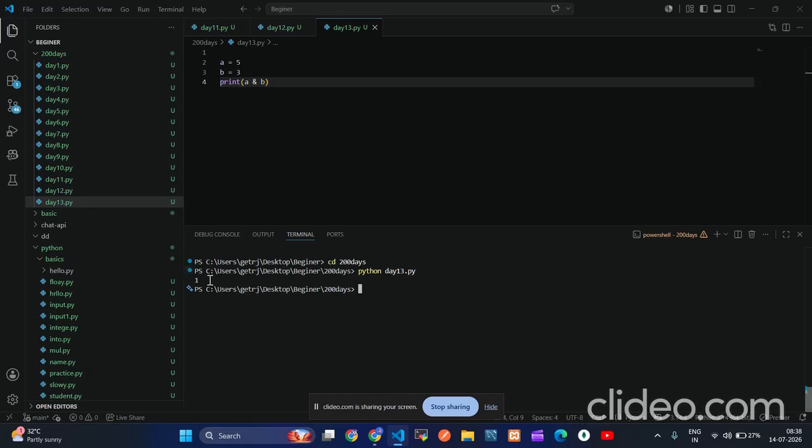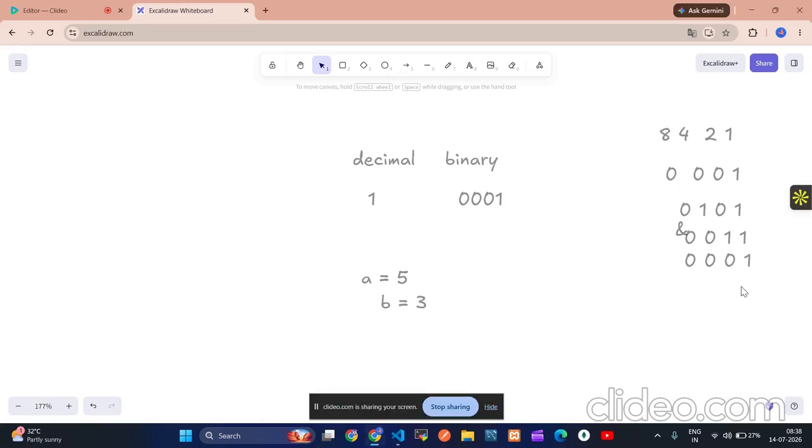The value will be 1. Why? Because the values are not the same, and only one bit is the same for 5 and 3 in the bitwise operation, that's why it should be like that.